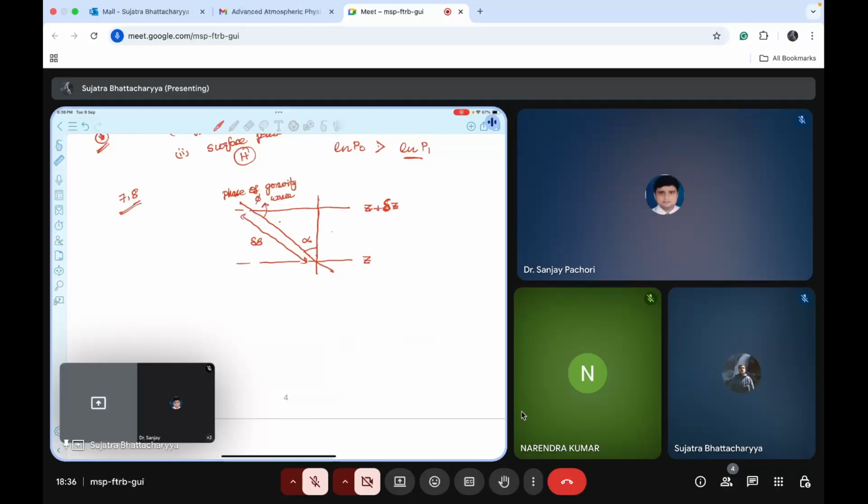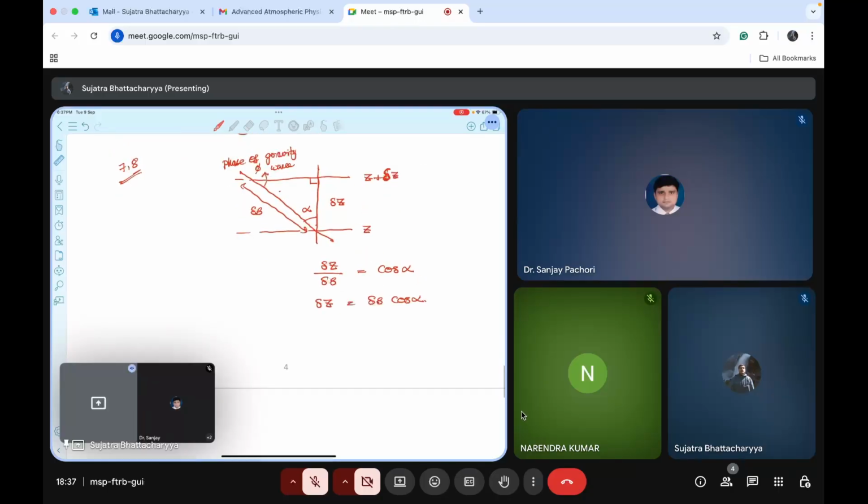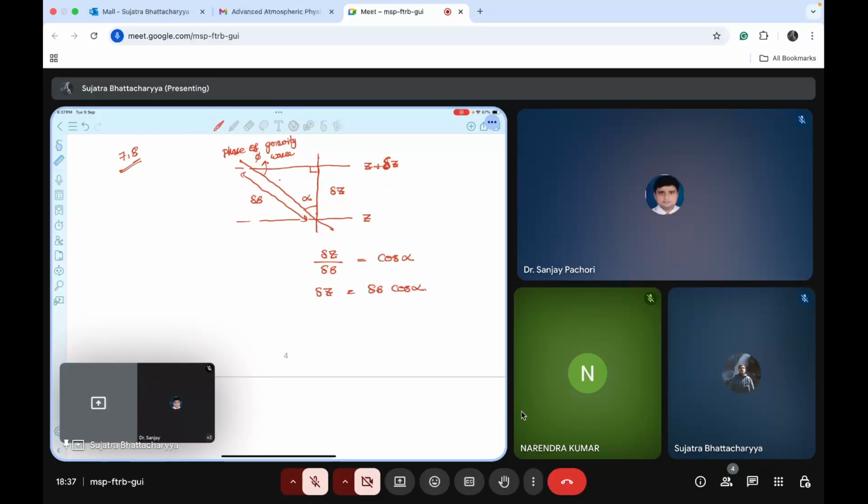Now we know that this is delta Z, and this is 90 degrees. So delta Z by delta S is equal to cos alpha. This is known. Also, delta Z can therefore be written as delta S cos alpha, just from trigonometry. Now your buoyancy oscillation is minus N square delta Z into cos alpha, for this one.